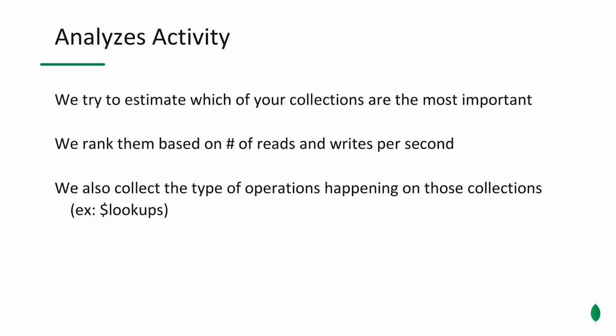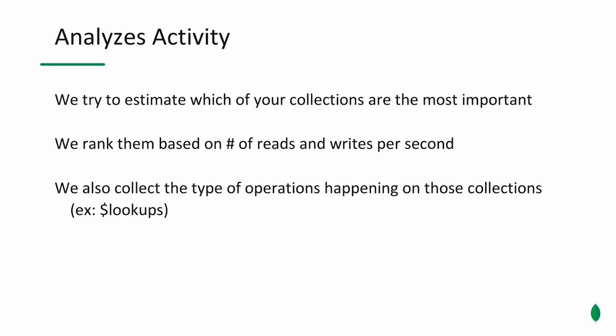So how does it analyze the activity? There are a bunch of things we do. We try to estimate which collections are the most important collections for you. Then we rank them based on how many reads and writes per second we're seeing on these collections. And then based on this ranking, we come up with a list of collections which are the most important ones for you to take heed of, and if there are suggestions in those collections, those are the things you should be focusing on in the beginning.